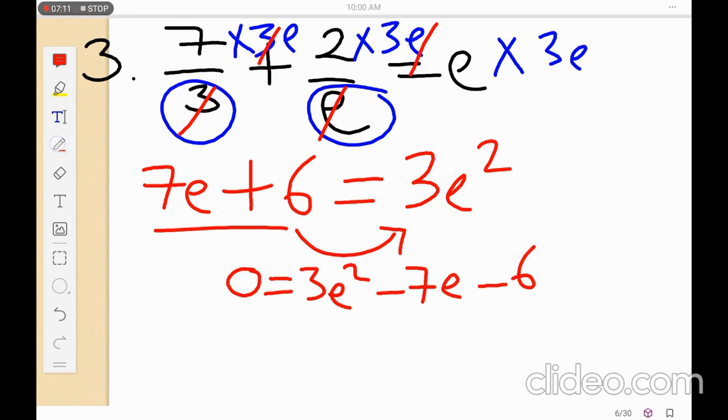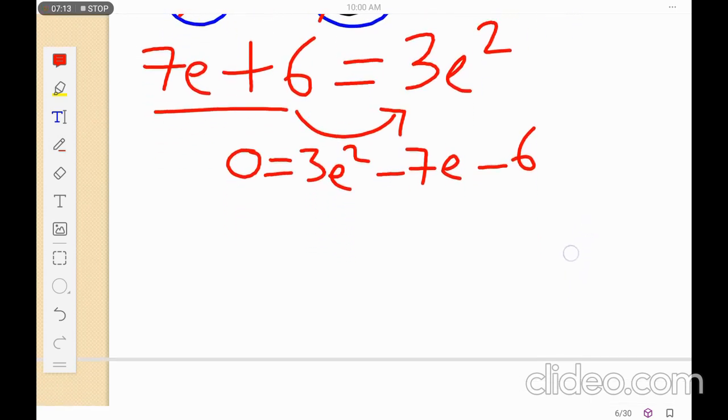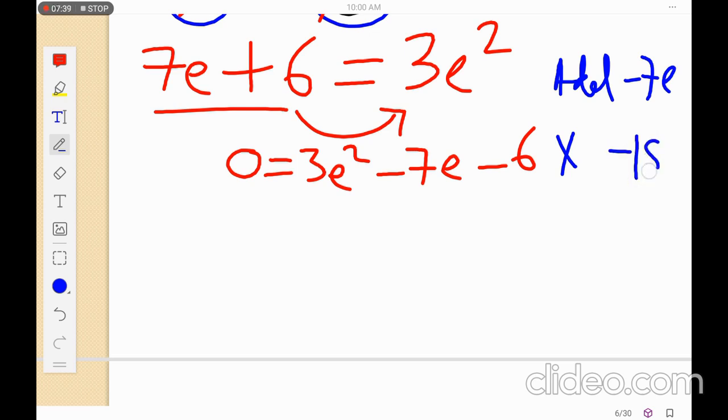Here I'm going to think of a number that when I add, I'll have minus 7e. When I multiply, 3 times minus 6, I get 18, so I'll have here minus 18e squared.